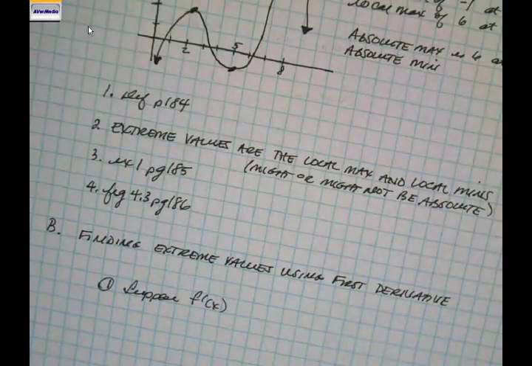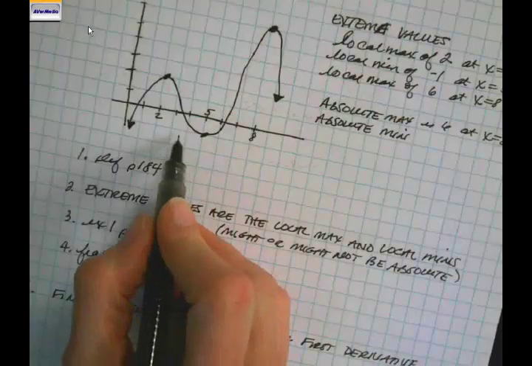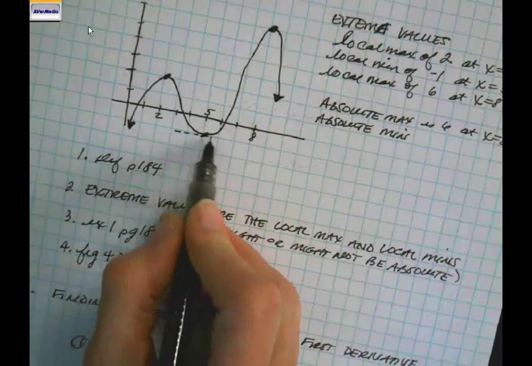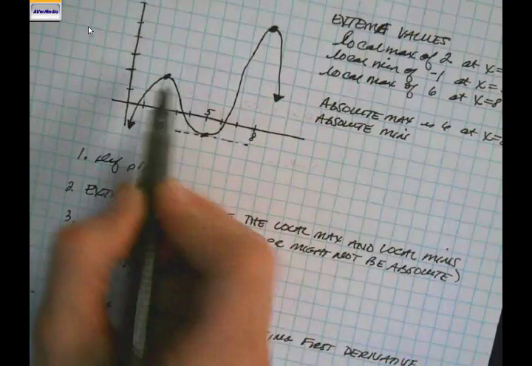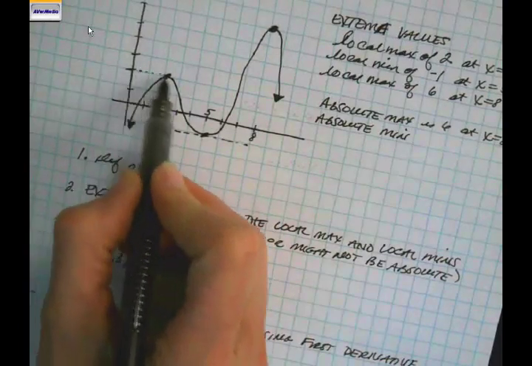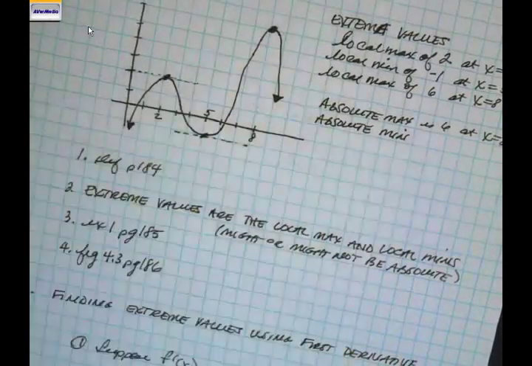It would be 0. Okay, think about this. Just looking at the little graph we made up here, at this local min, your tangent line would be a horizontal tangent line, and the slope of your tangent line would be 0 at the min. Here is a max. Your tangent line would be a horizontal line at this point, so the slope of your tangent line would be 0, and the slope of your tangent line is the first derivative.